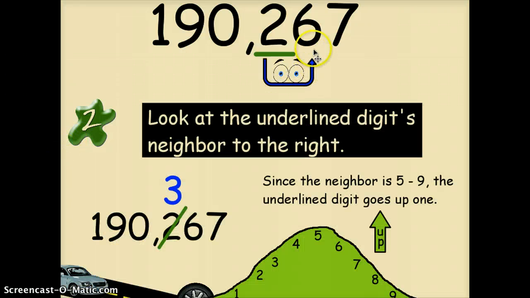Step 2 involves looking at 6, which is the neighboring digit to the right of the 2. 6 is over the hill, so the car is able to move on. This means that we need to increase our underlined digit by 1. Our 2 now becomes a 3.